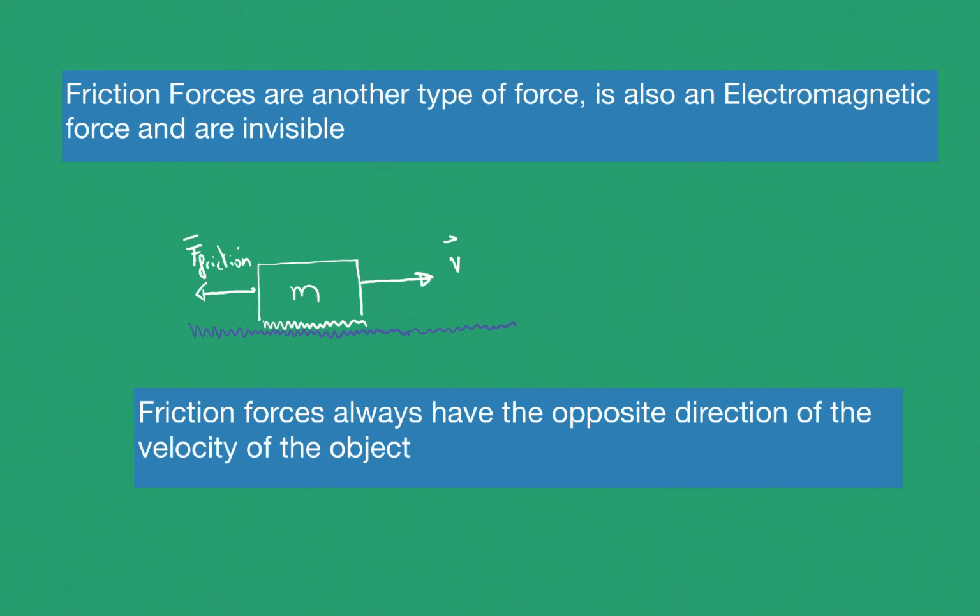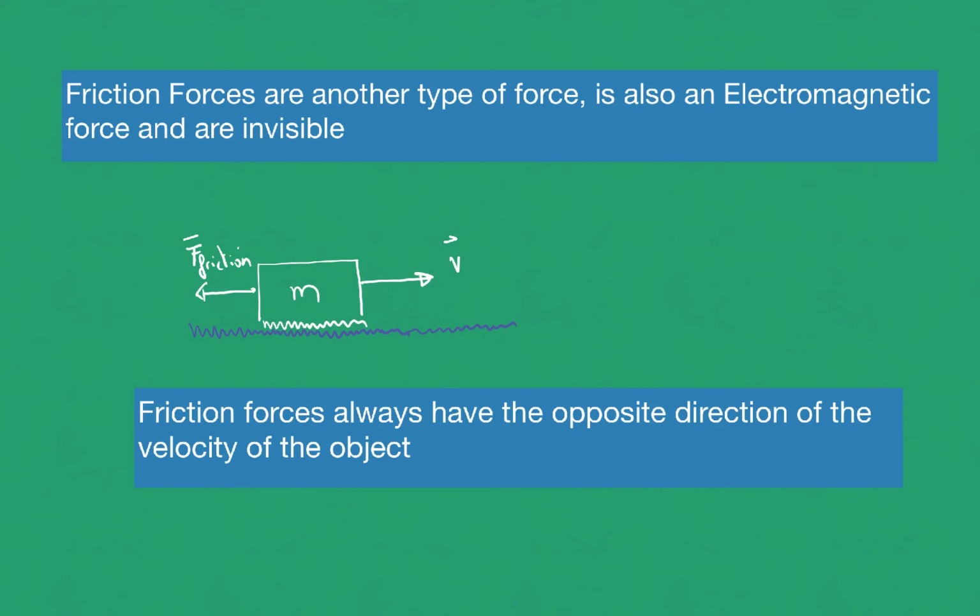The origin of this force is also electromagnetic, and it is the interaction of the surface of the mass M with the surface of the floor. This atomic interaction produces a force that we call the friction force.